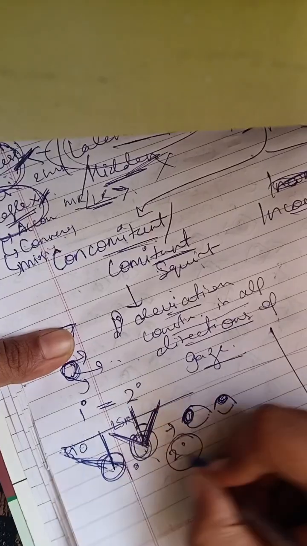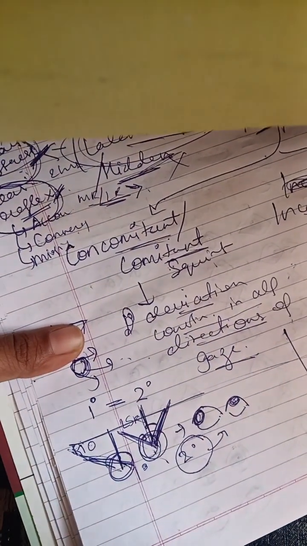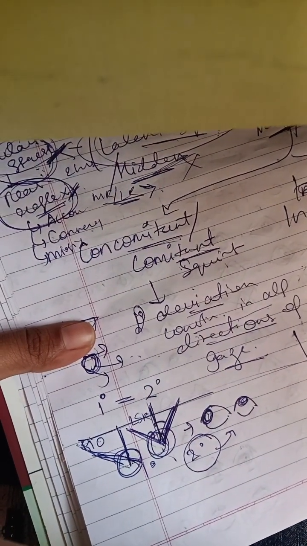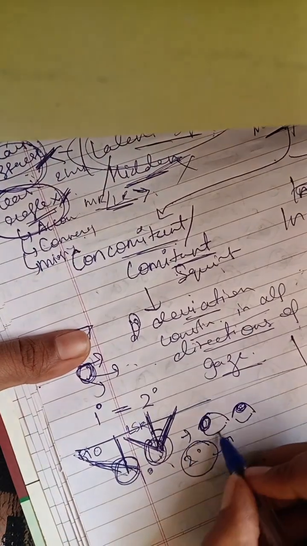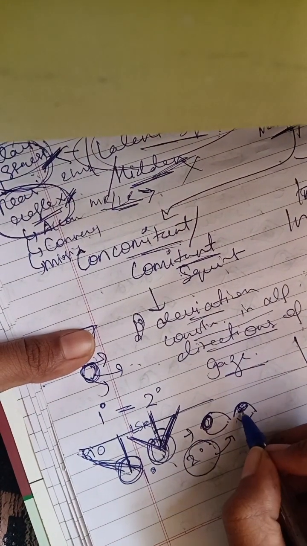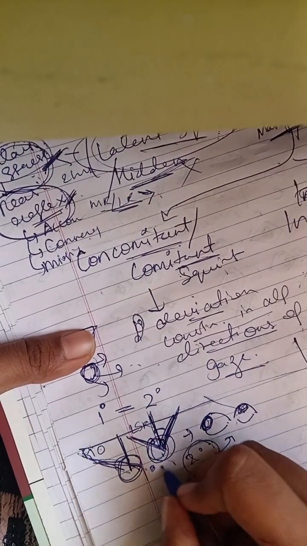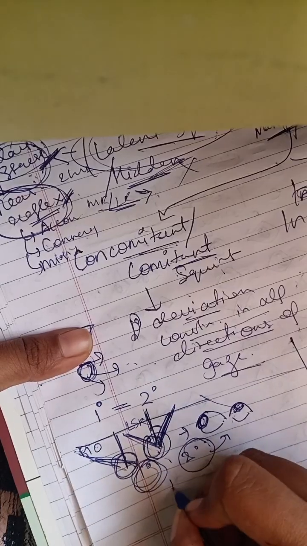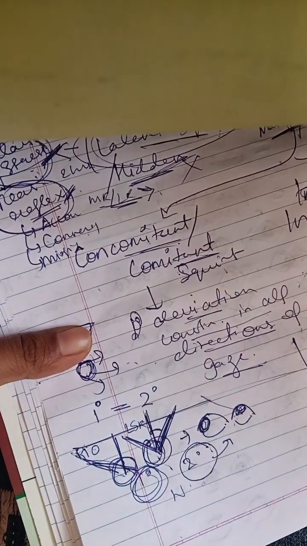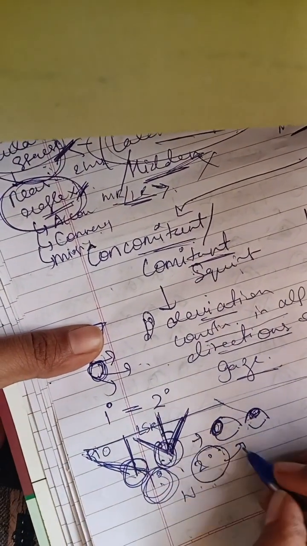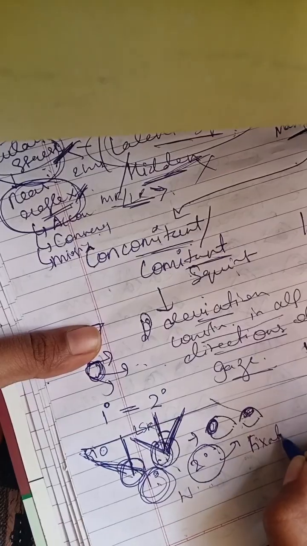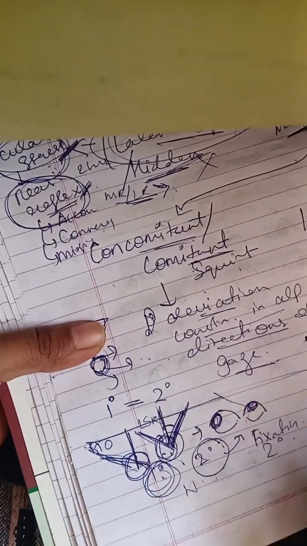This is your secondary deviation. That is the deviation seen when the deviated eye fixates on an object. The primary deviation is when there is normal gaze. So if in normal gaze you see deviation, then that is your primary deviation. If on fixation you see deviation, then that is your secondary deviation.